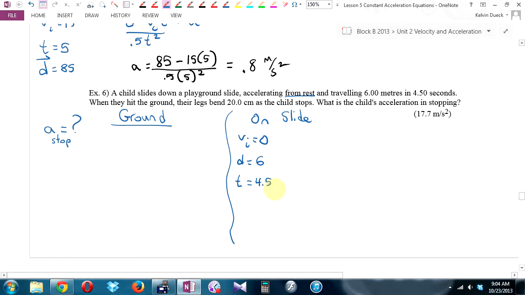Now I'm going to go on the ground. You see, on the ground, I know that. You've been on a slide. What's your final velocity once you're on the ground? Give you a hint. Brad, 0.